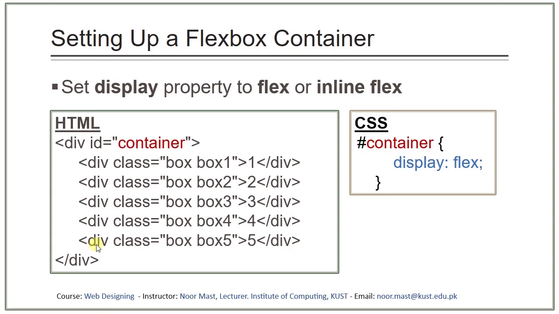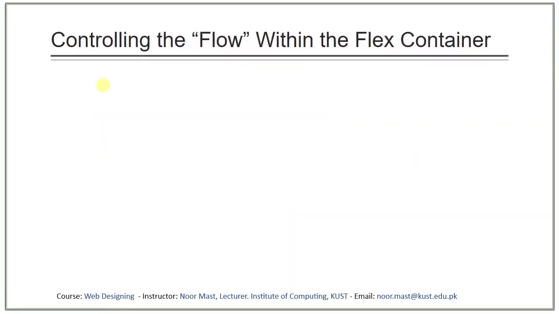All these child div elements belong to a class box, and all of the direct child elements automatically become flex items in that container. The flex items are laid out and aligned along the flex line, controlling the flow within the flex container.